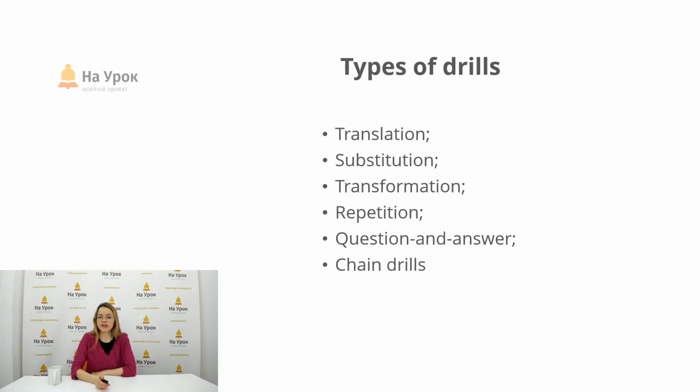Substitution, that's when you give a sentence. For example, she plays the piano at the weekend. And then you go, we. And this guy, he transforms it for you. We play the piano at the weekend. And then you say negative. And this student, he transforms it into a negative structure.